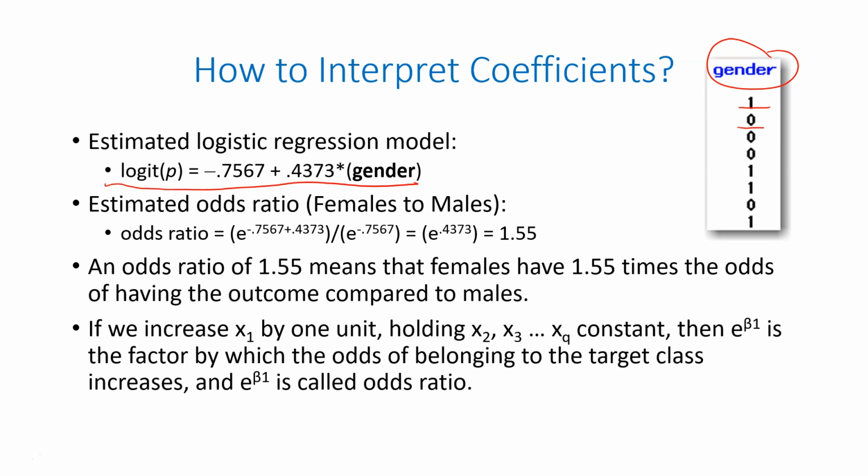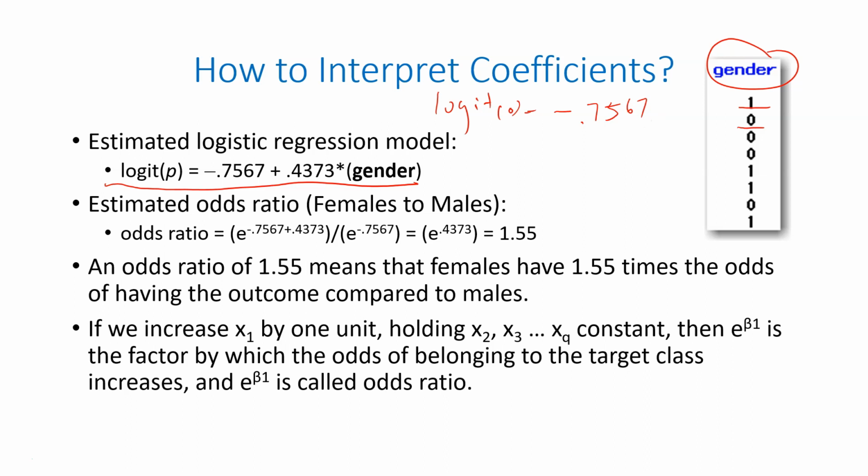Since there are only 2 possibilities for the gender variable, the logit of this function can only have one of 2 values. If gender equals 0, then the logit equals negative 0.7567.